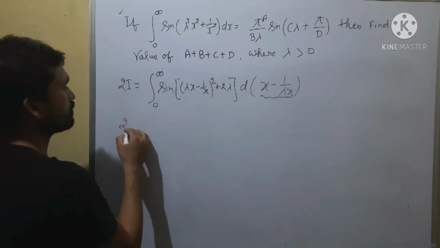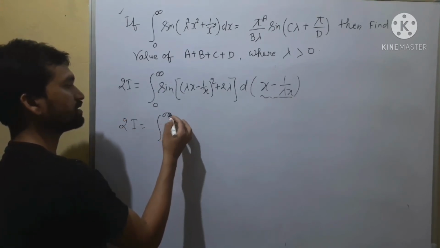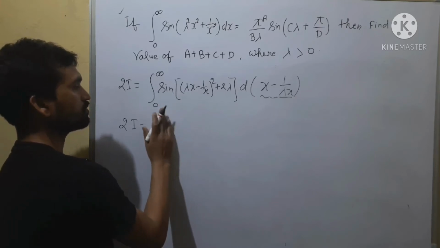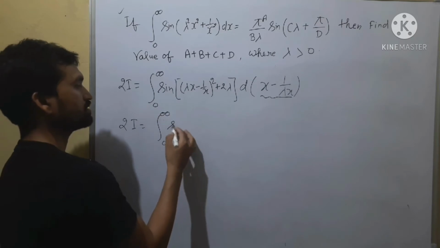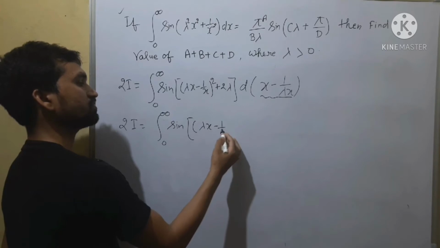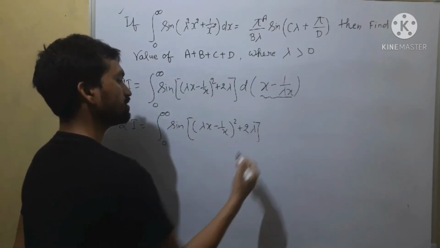So 2I will be what? 0 to infinity of sin of (lambda x minus 1 by x) whole square plus 2 lambda.